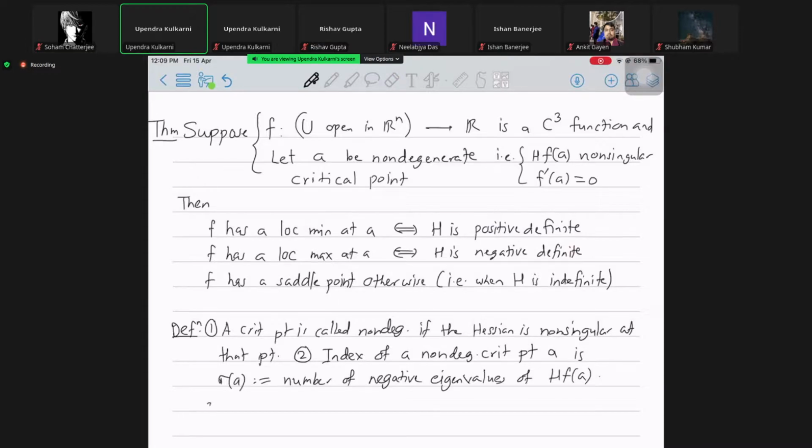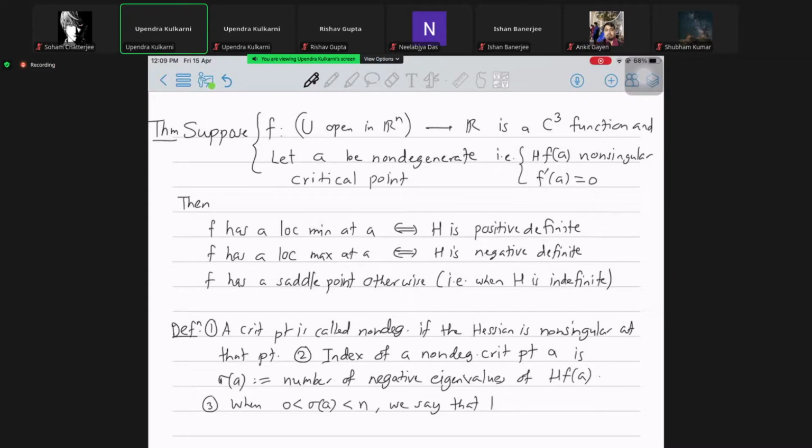And this is kind of a cop-out definition. That's what we call a saddle point.